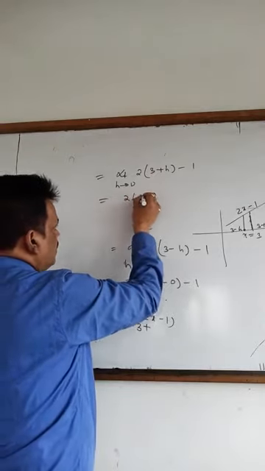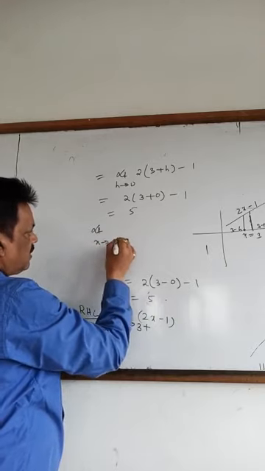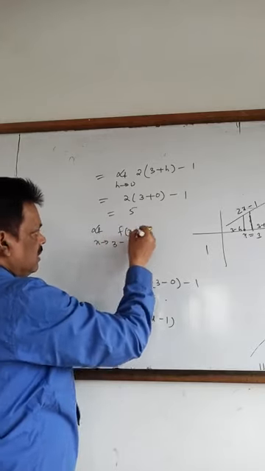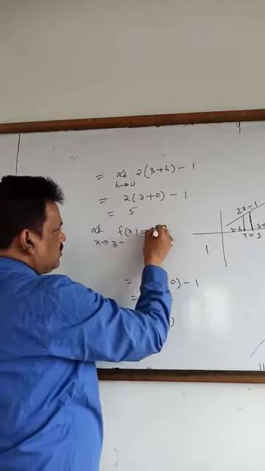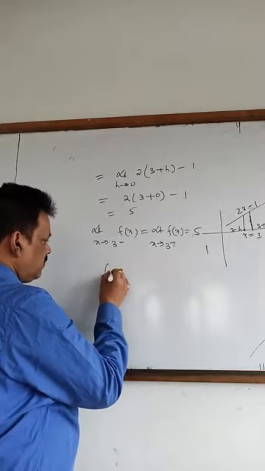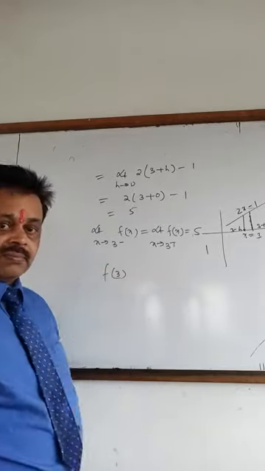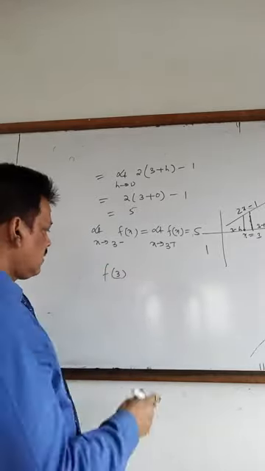So conclusion: limit x tends to 3 minus f(x) equals limit x tends to 3 plus f(x), and the value you got is 5. Now what is your functional value? Functional value means directly you will put f(3). So where are you going to put? That is 2x minus 1 where x equals 3 you have to put.